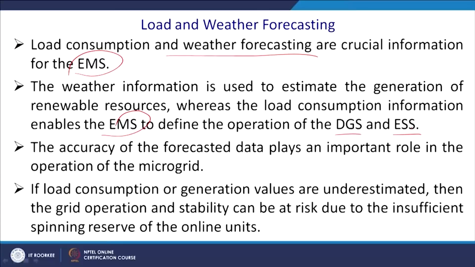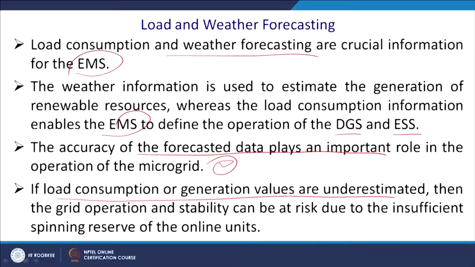The accuracy of the forecasted data plays an important role in the operation of the microgrid. So, that is something we require to consider very seriously, that accuracy of the forecasted data plays an important role in the operation of the microgrid. So, the more precise and more accurate these data are, the better we can deliver our results.